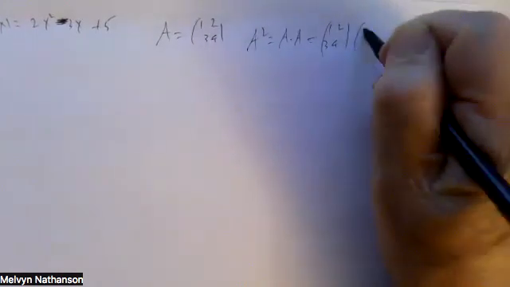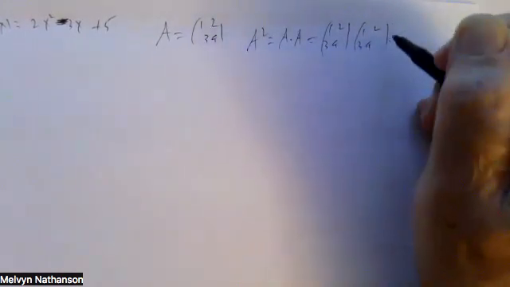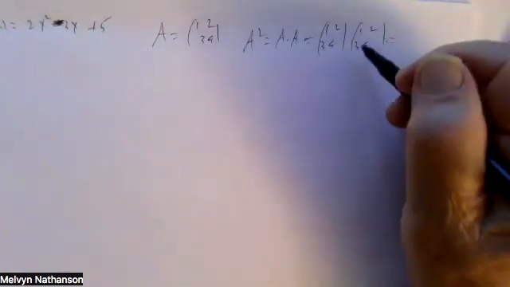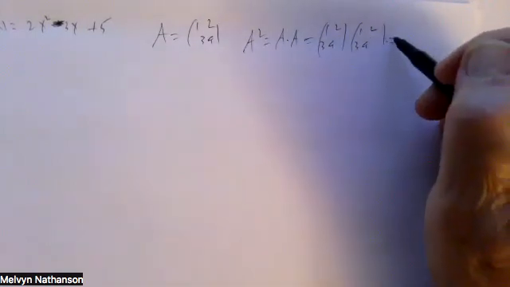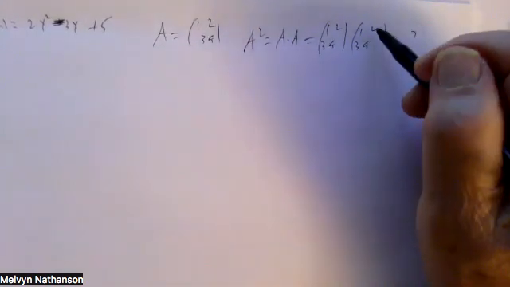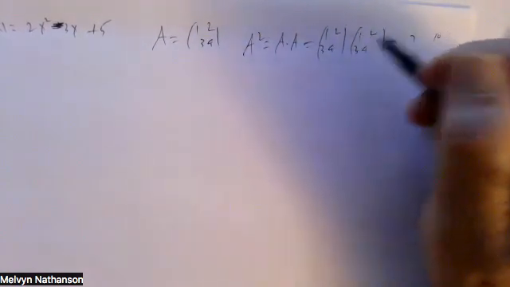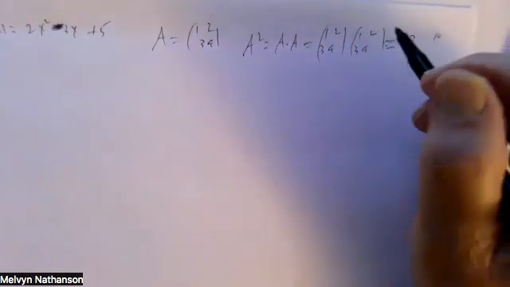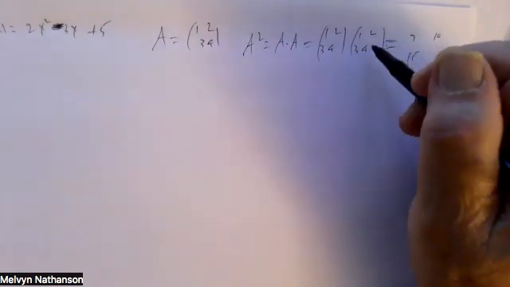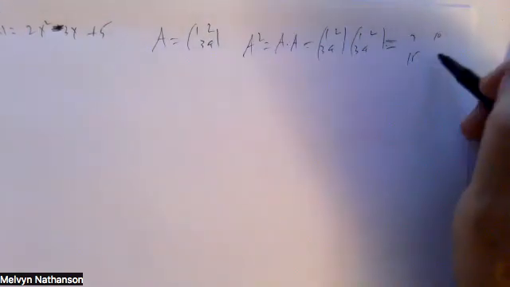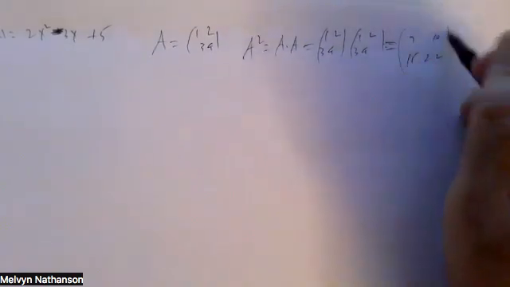A squared means A times A. That's 1, 2, 3, 4 times 1, 2, 3, 4. What do you get? Row into column. 1 plus 6 is 7. 2 plus 8 is 10. 3 plus 12 is 15. 6 plus 16 is 22. So A squared is this.